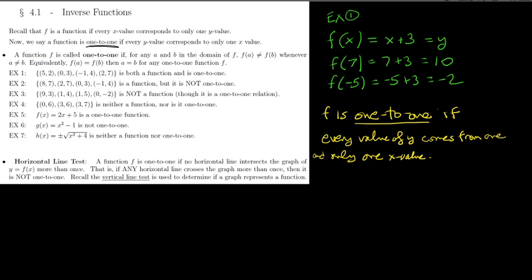So thinking about functions just as ordered pairs.